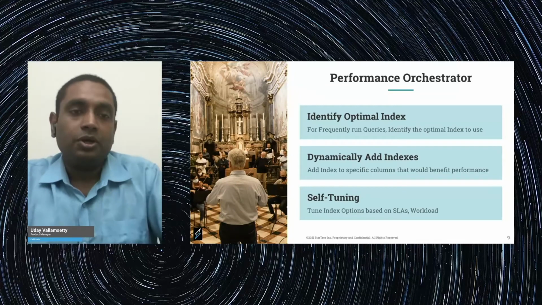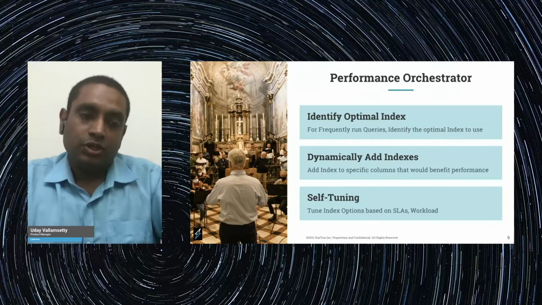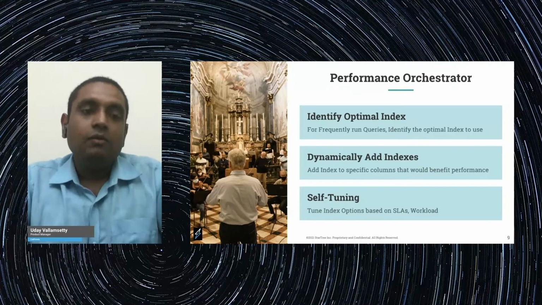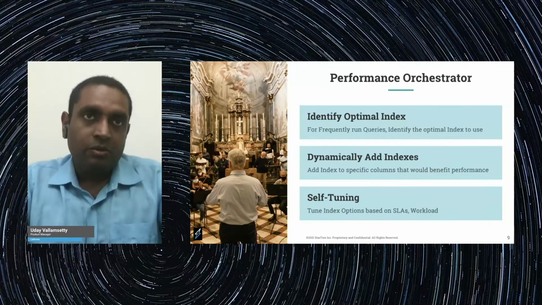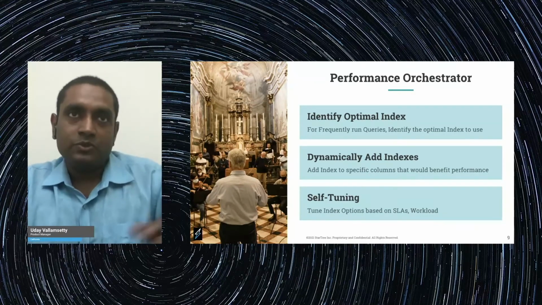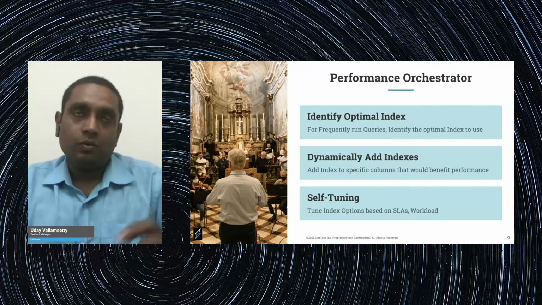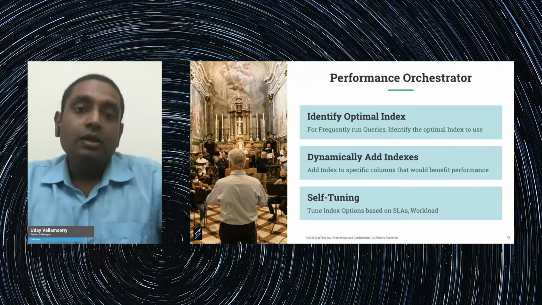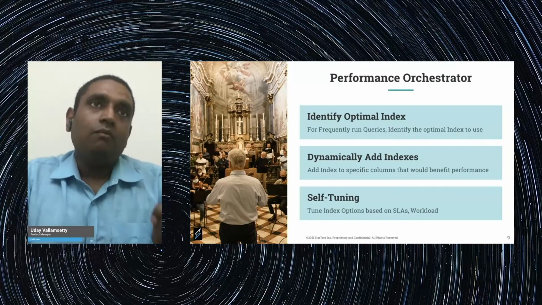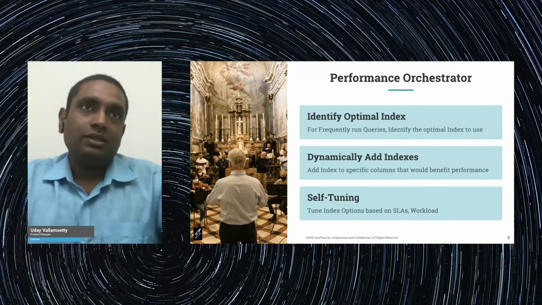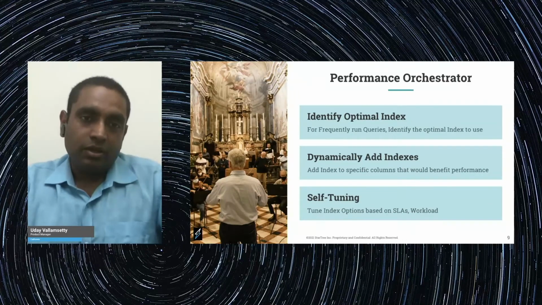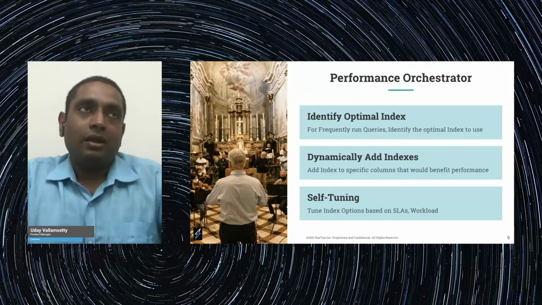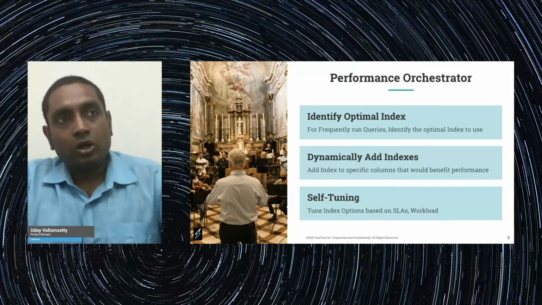You do not have to worry about the index options for each of those columns that are coming in. We let the data come in, and based on your query load, we will observe the queries. And when we see a query being executed frequently, we will automatically identify the best index suitable for that particular query, and we will dynamically add that index to the particular columns.